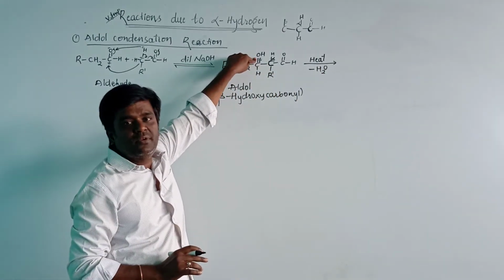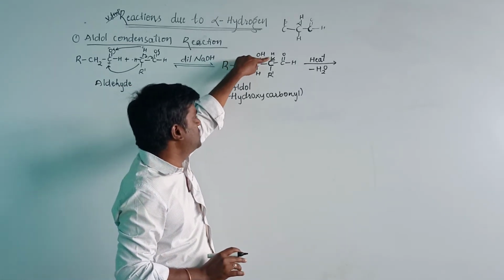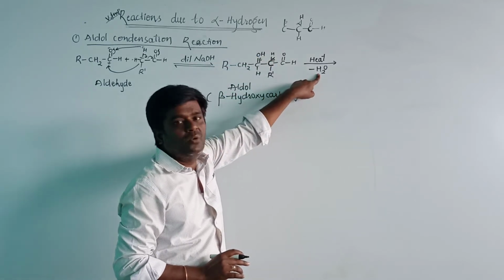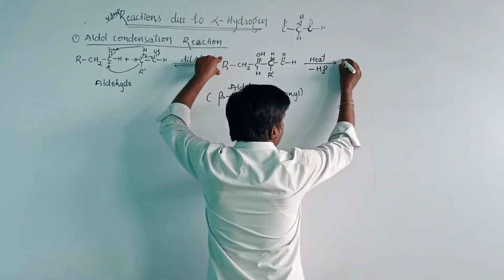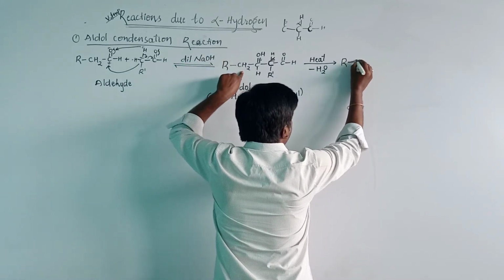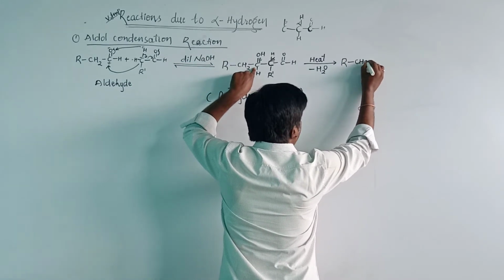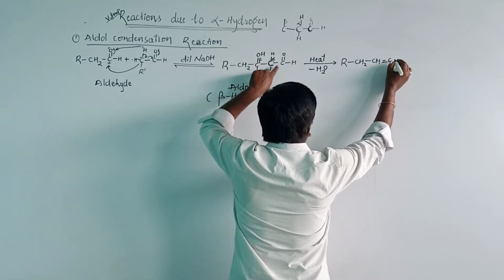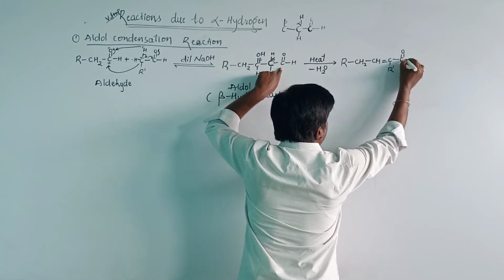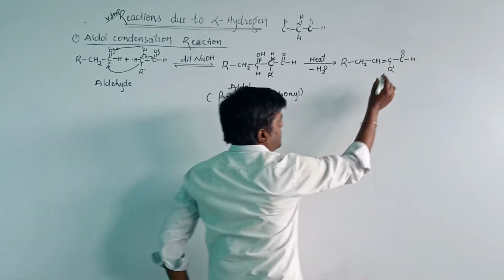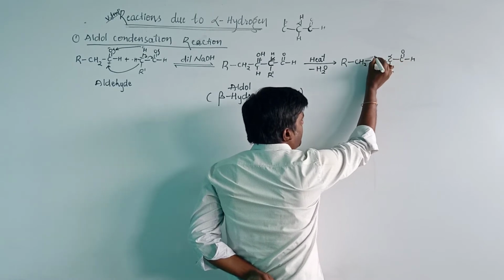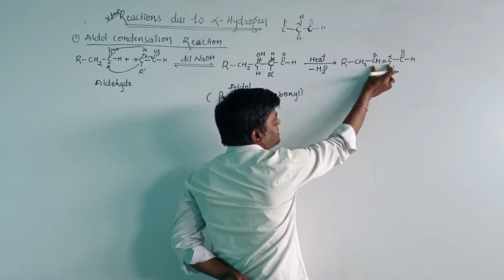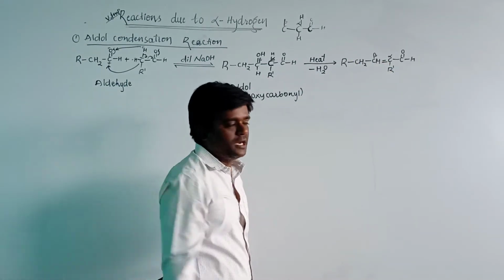The OH group is eliminated from the beta carbon atom and hydrogen is eliminated from the alpha carbon atom, and they combine together to form a water molecule. Then unsaturation will be created between the alpha and beta carbon atoms.